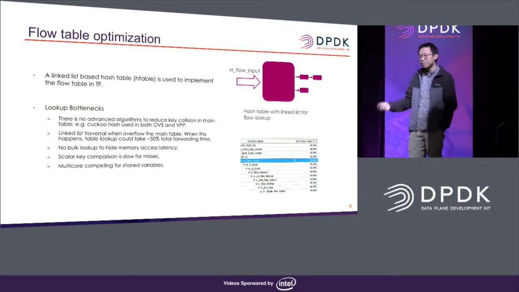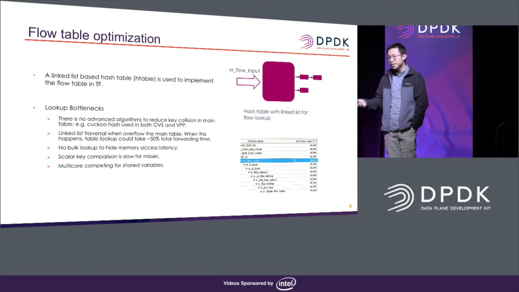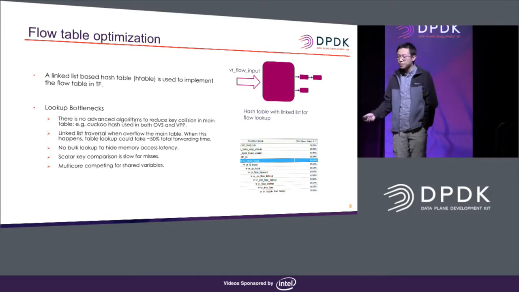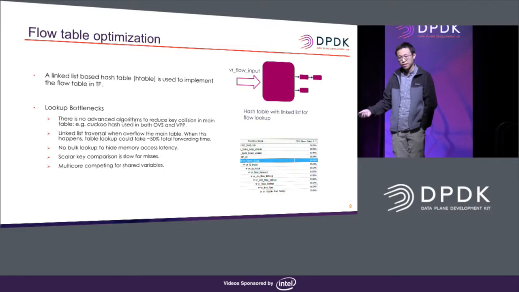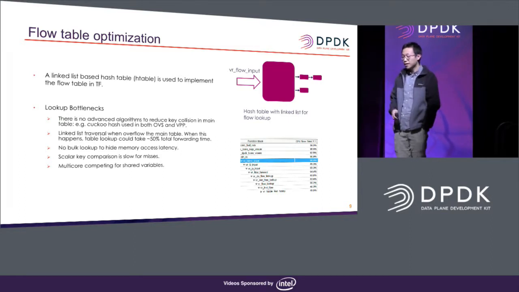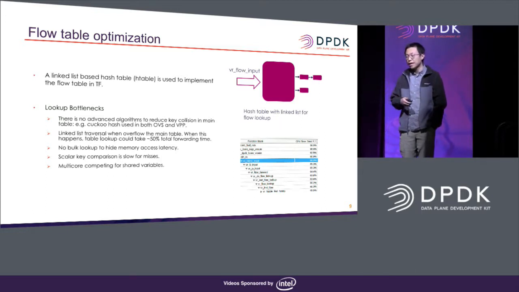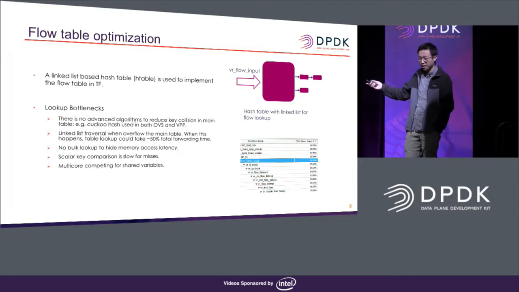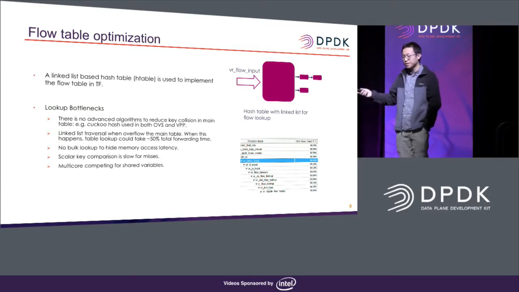It's actually a bucket-tied hash table with linked lists. We identify some bottlenecks with this data structure. First, there's no advanced algorithm to reduce key collision, like Cuckoo hash or hopscotch hash. When a hash collision happens, you just link a list after a bucket, so it happens pretty early that you need to traverse the linked list.